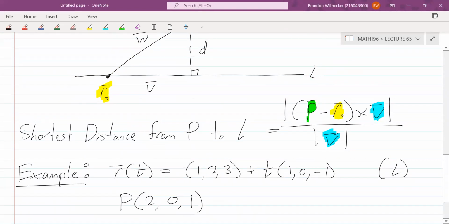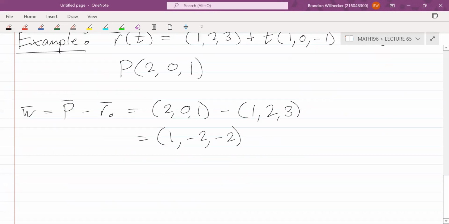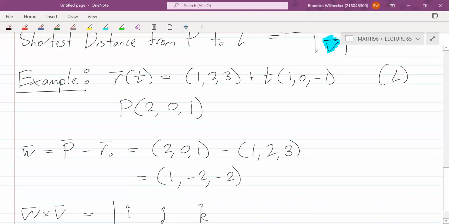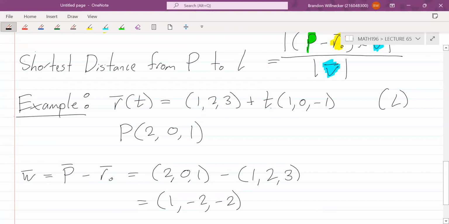Next we need to take the cross product of the hypotenuse vector with the V vector from the equation of the line. So W cross V. Remember that was that determinant where the first row was the i, j, k. That's how we did the cross product. So W, that's (1, minus 2, minus 2). And V, that's the vector attached with the t.